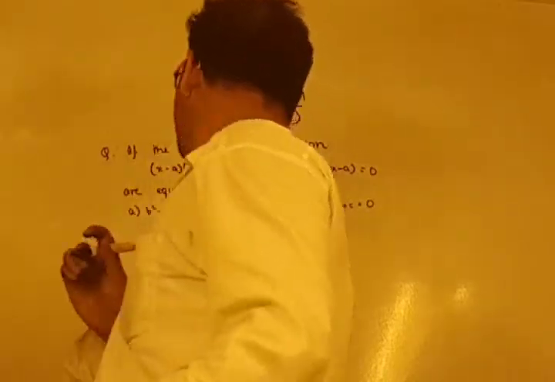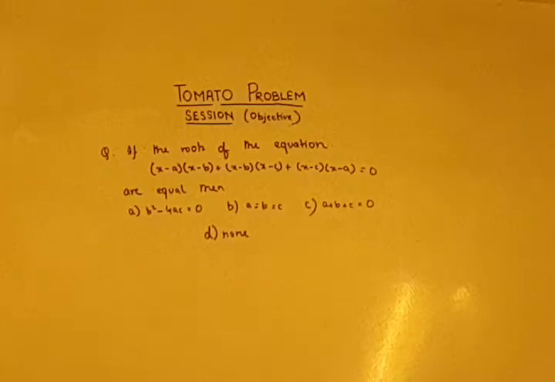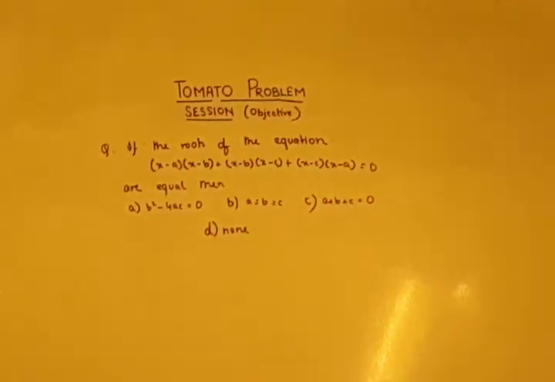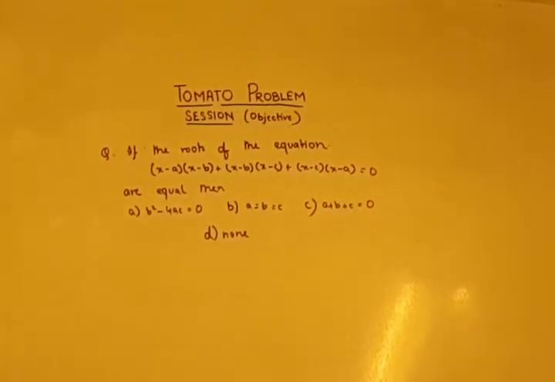So which of the relations is true? Option A, b square minus 4 equals to 0; option B, a equals b equals 3; option C, a plus b plus c equals to 0; and option D, none. I give you some time to try out this question before I get into the solution on my own.